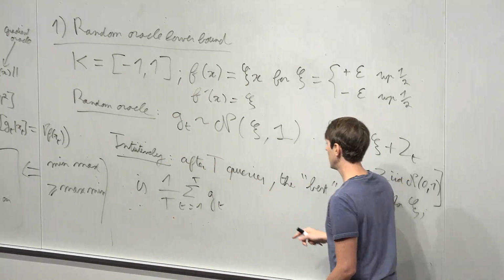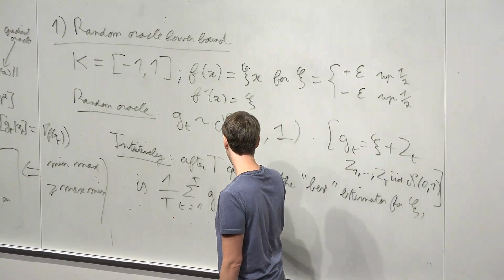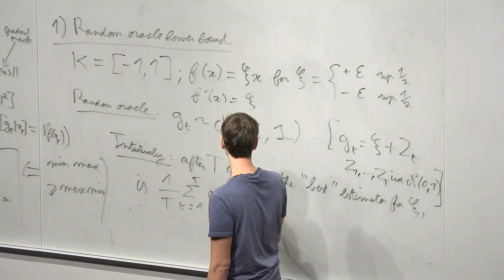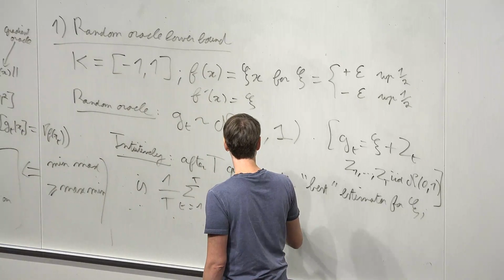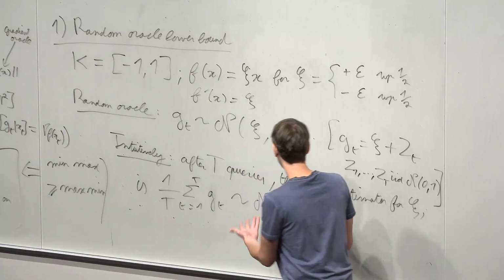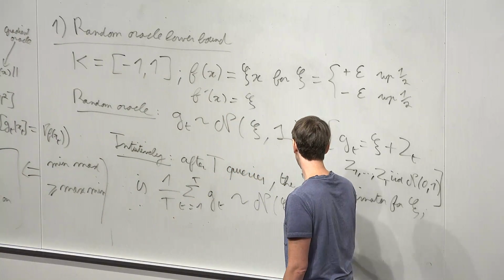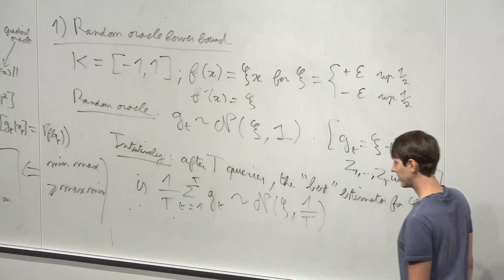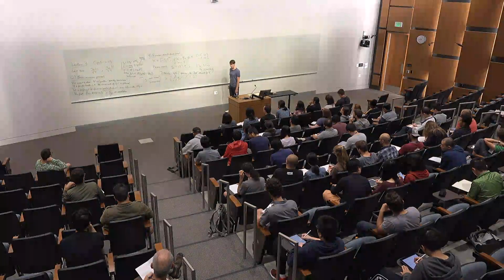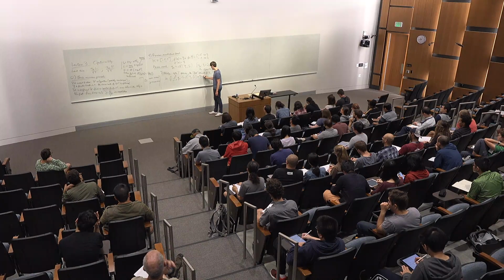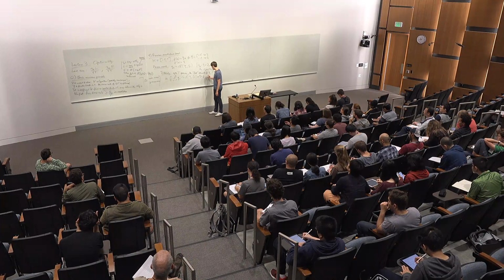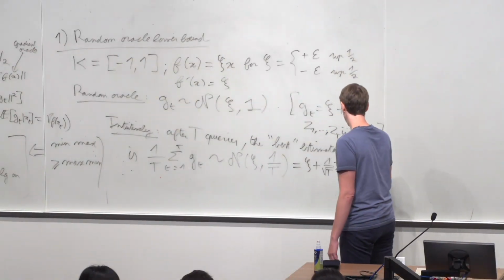Gaussians are closed under addition and multiplication, so what do I get? This is distributed as a Gaussian with mean psi, and the variance gets reduced by 1 over T. If you want, you can view it as psi plus 1 over square root T times Z, where Z is an N(0,1).